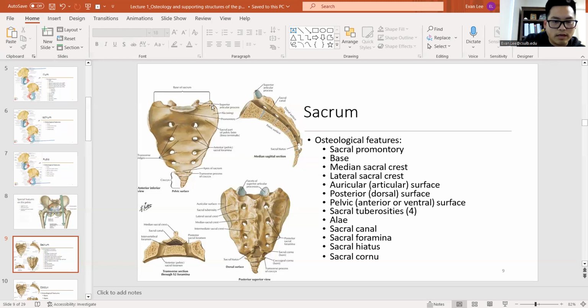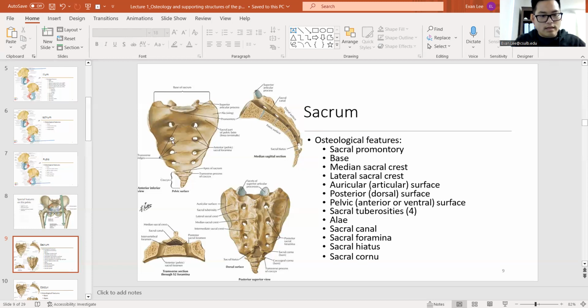And this whole area, including the sacral promontory, is going to be the sacral base, or the base of the sacrum. So the base of the sacrum is the wide portion, and then if you look closely, it forms a pointed part as it goes downward. That is going to be called the apex. So the apex is the pointed part, the base is the wide part.